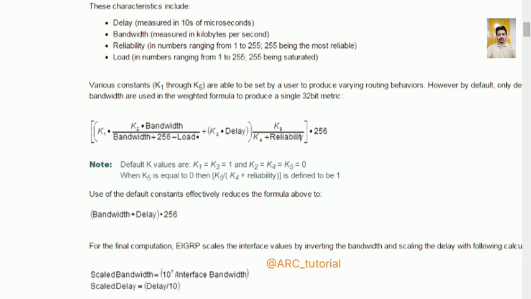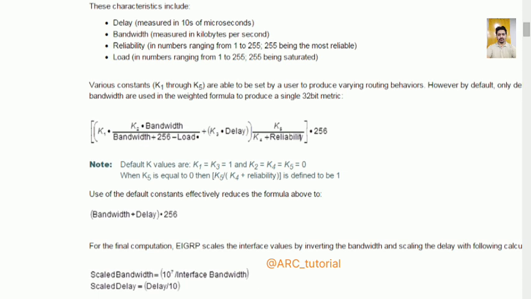This is the standard formula in which you have all K values. If you are not using any K value, for example K1 is 0, then it will put 0 in this formula. It does not mean that if K1 is equal to 0 it skips bandwidth in some other way. In the formula it puts K1 equal to 0, and then the bandwidth term also becomes 0.